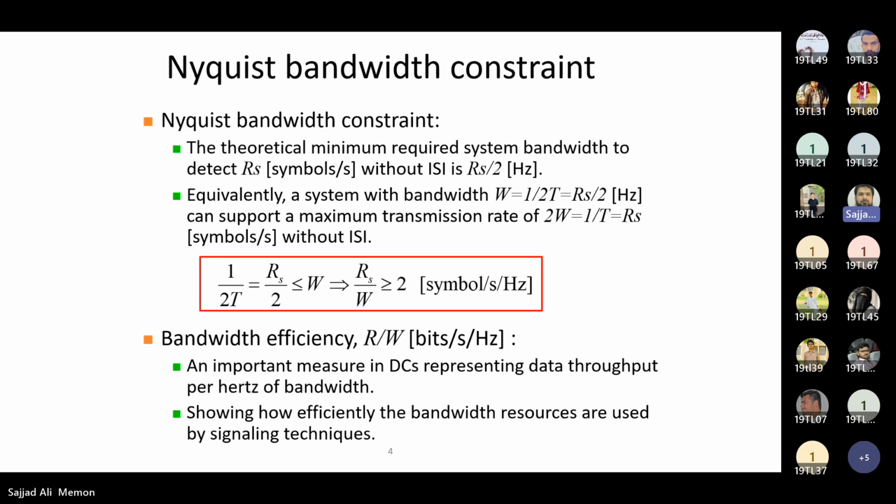So that is the Nyquist bandwidth, or the Nyquist formula, or the Nyquist theorem. The same is taken from the sampling theorem. So 1 over 2T is equal to Rs over 2, which is less than or equal to the bandwidth W, and then Rs over W is less than or equal to 2. That is symbols per second per hertz.